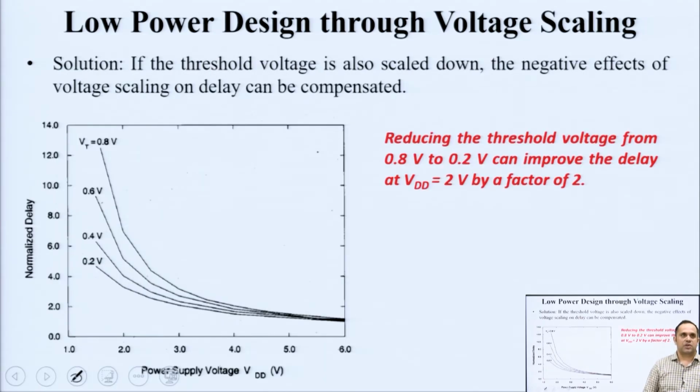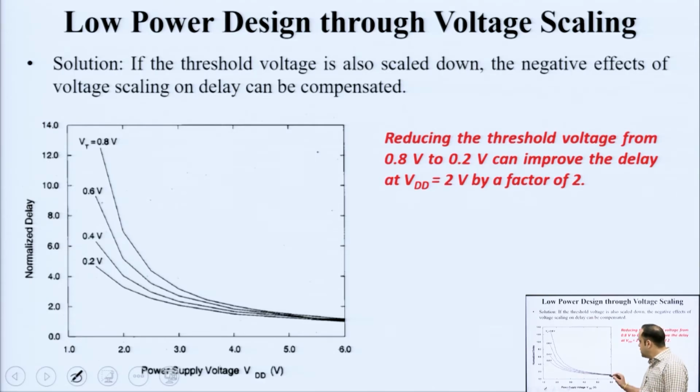Right. So, going in this direction, if you observe this graph, the x axis is the supply voltage, the y axis is nothing but delay. This graph does not show the power, it only shows the effect of the threshold voltage on the delay value as your power supply is scaled down.